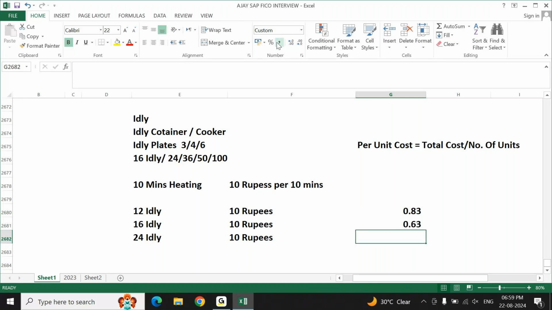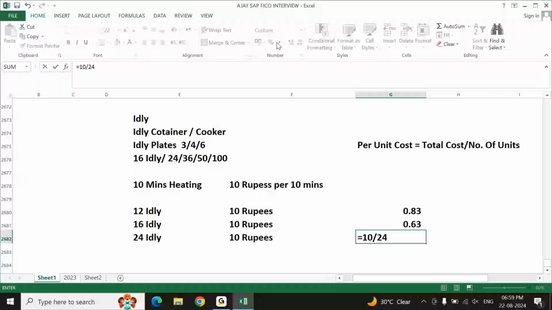When I produce 24 idlis, this is going to be 10 divided by 24. Don't get confused which one to be divided by which one. Always remember value on the top, quantity on the bottom, meaning value divided by quantity. 10 divided by 24.